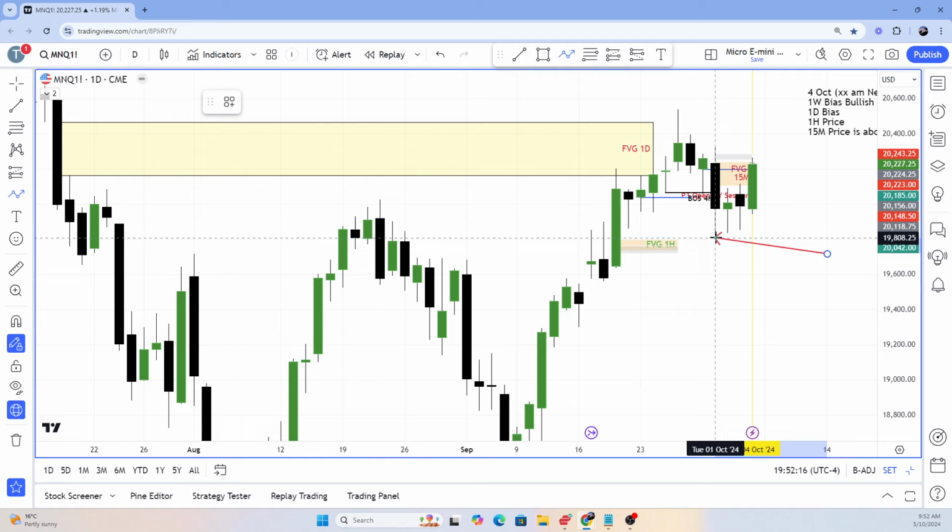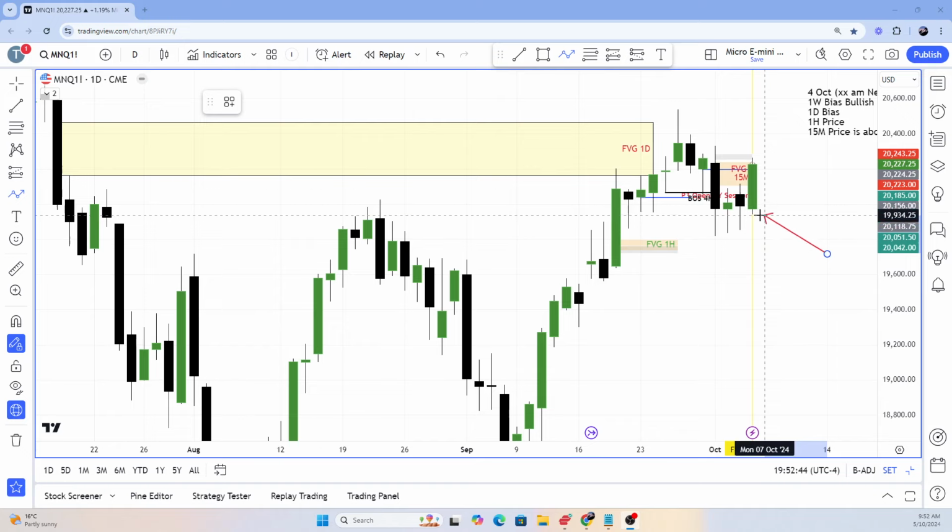So it formed a swing low as well. And also you can see there's a 15-minute fair value gap seen here. So the chances are, because of this swing low and the wicks here, and there's an imbalance to fill, the chance is during the day there was a chance for the price to be bullish.